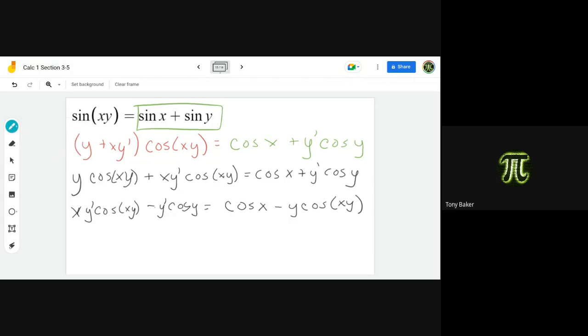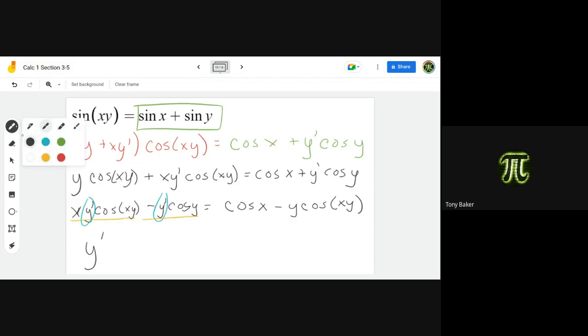Now that I've got my y primes on the same side, I can pull it out in front, right? And then I would divide. So the y prime is pulled out. What's left over? The x cosine xy plus cosine y.